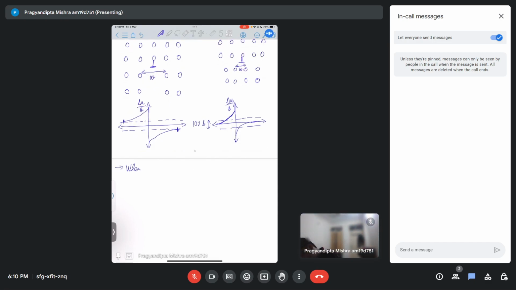When the dislocation core is larger, the dislocations are easier to move.